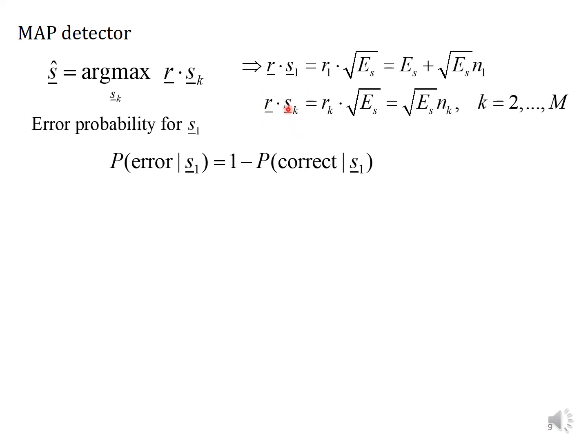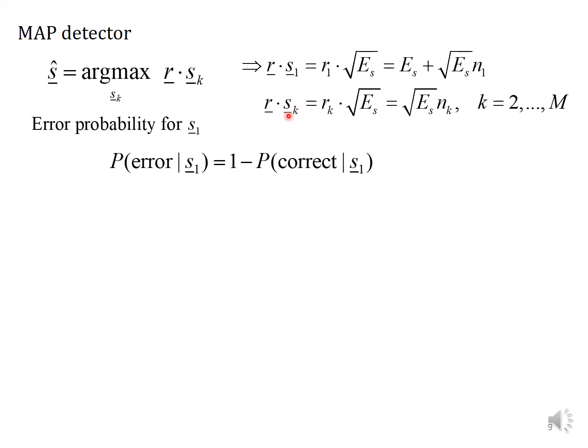If the first correlation is largest, then we have a correct detection. If any one of the correlations from k from 2 to m is larger than the first correlation, then we have an error on S1.